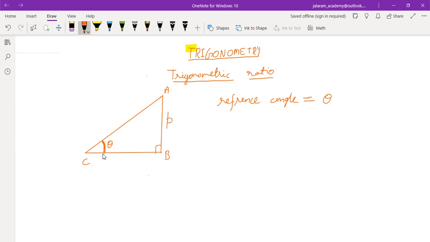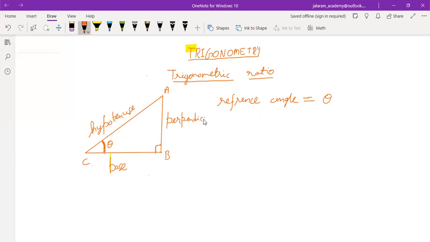The side adjacent to this reference angle is called base. And the side opposite to the right angle is called hypotenuse.